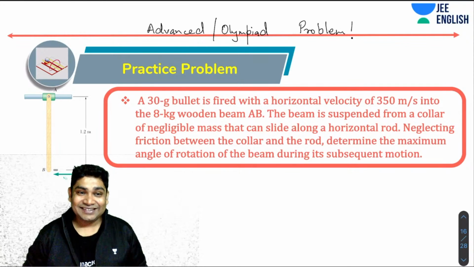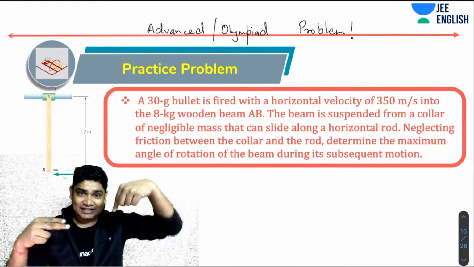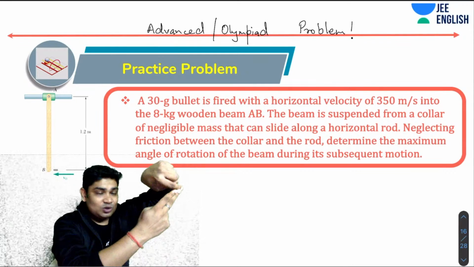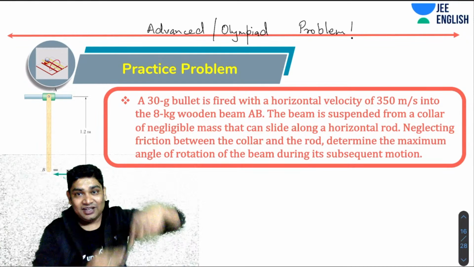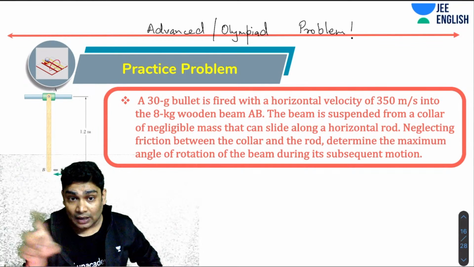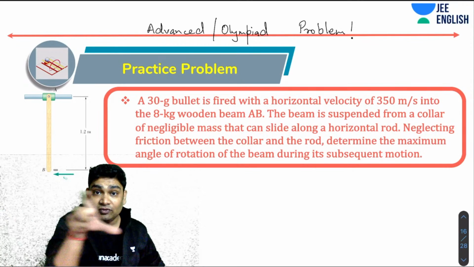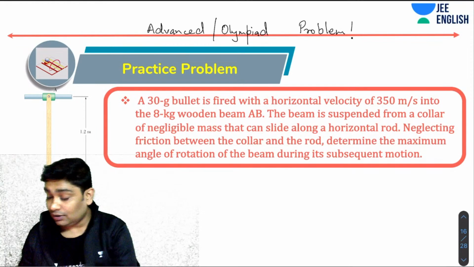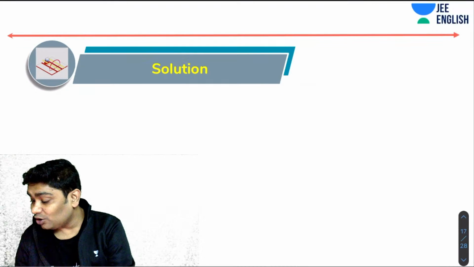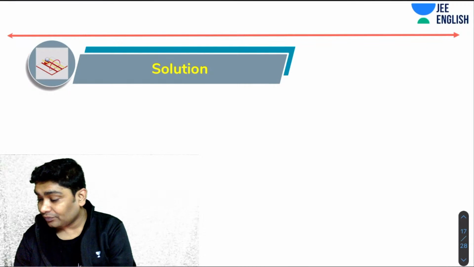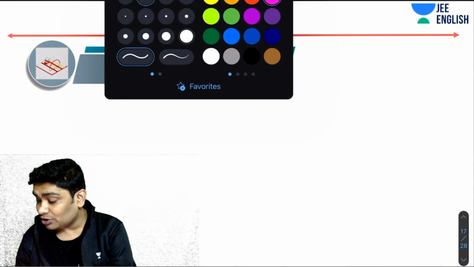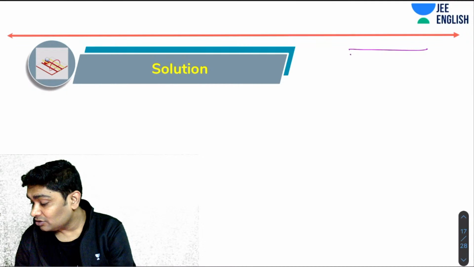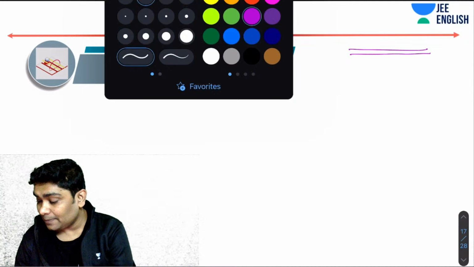Okay, think about this. When this bullet strikes, this will start to slide and this will also start to rotate, right? So at the maximum angle of rotation, the entire thing would be sliding. Can I say that? How is the motion going to look? Motion will look like something like this.